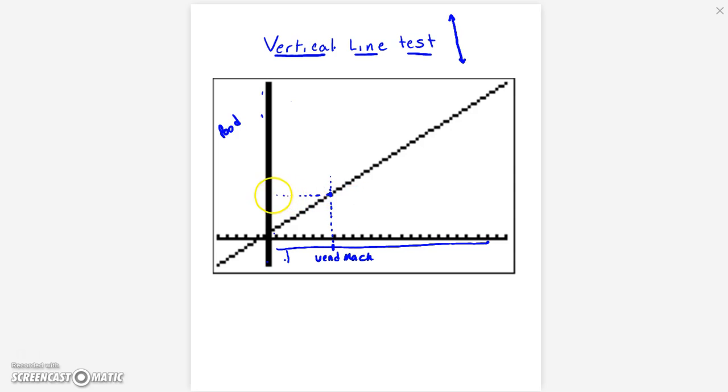Okay, and then whatever here, this is the food that you got that time, right? But not only for just one point, you need to make sure that no matter where you draw a vertical line, it only crosses this graph at one point. You can only get one thing at a time out of this vending machine, the specific function vending machine that we're using, okay?